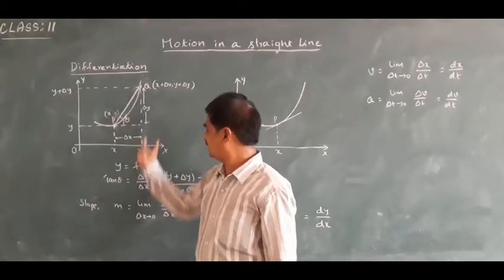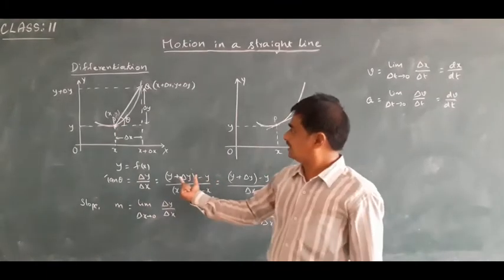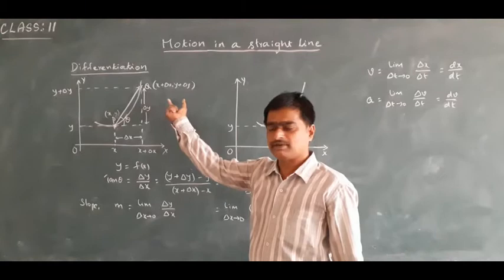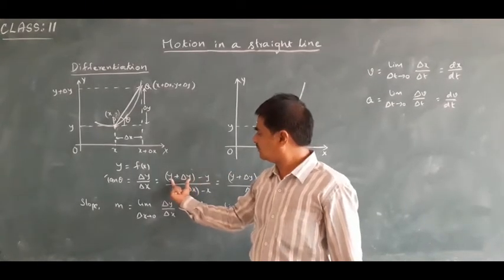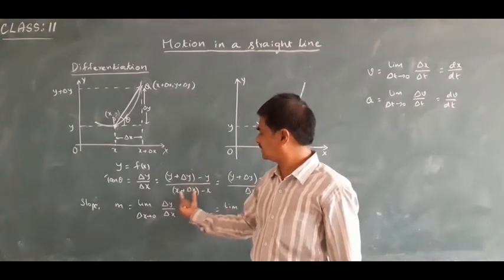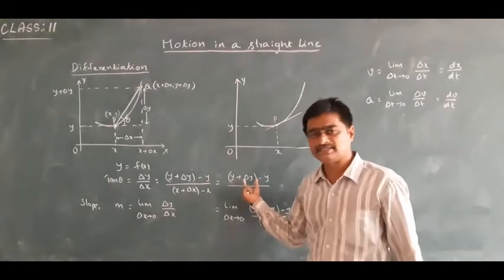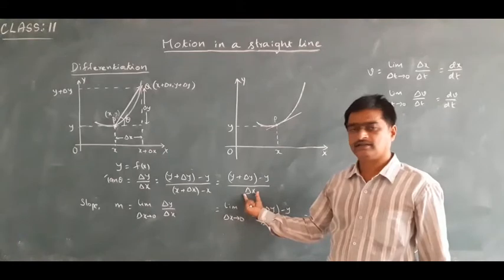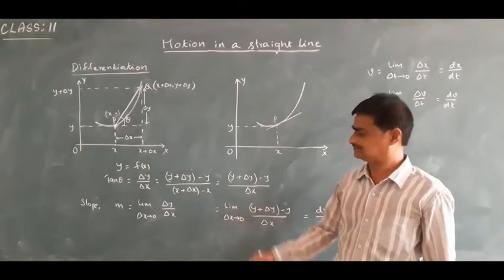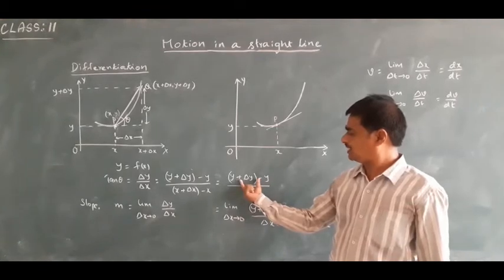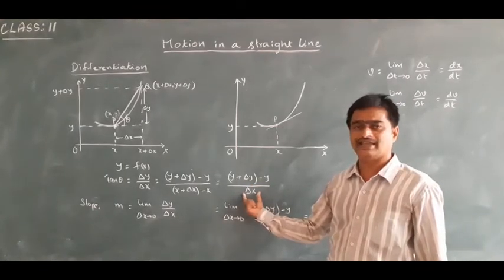This is delta y by delta x, or simply in our notation, (y2 minus y1) by (x2 minus x1), or (y plus delta y minus y) by (x plus delta x minus x), which is (y plus delta y minus y) divided by delta x. That is the change in y with respect to the change in x.